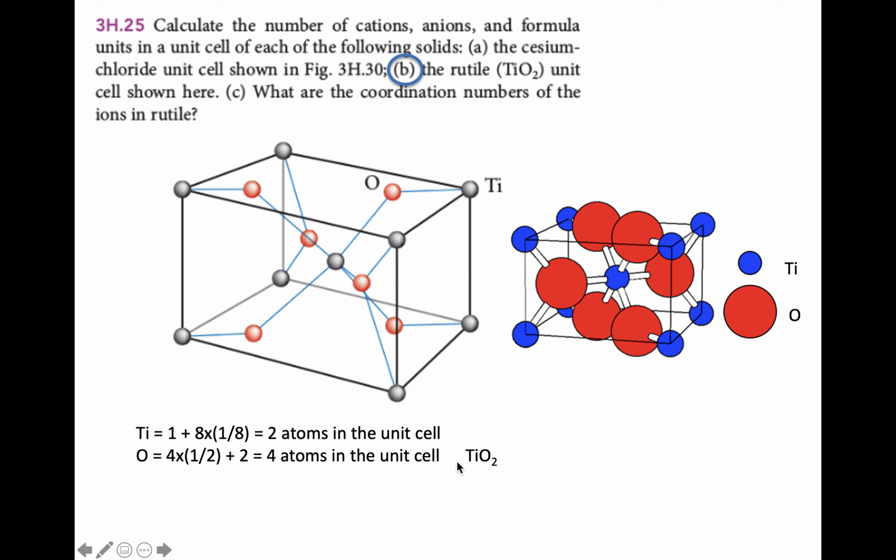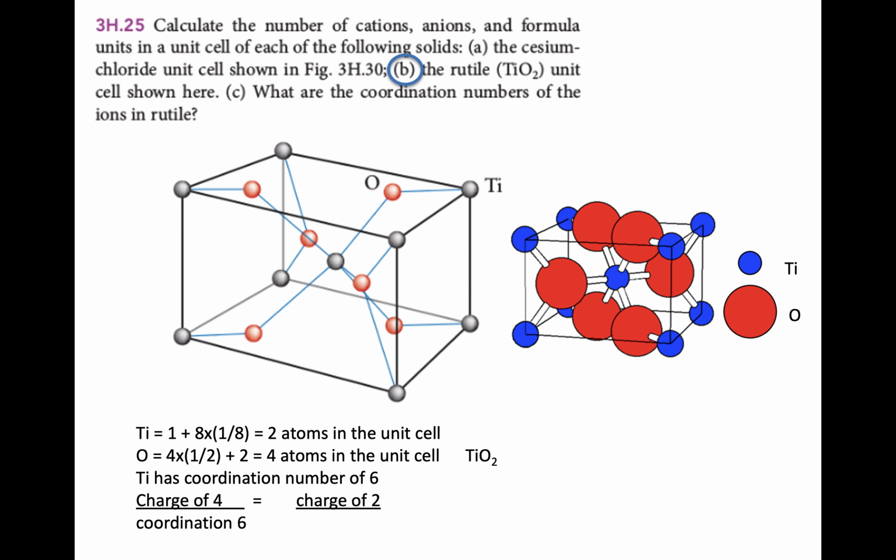So if I look at this, I think my oxygen atoms are -2 and the titanium is +4. If I look at the titanium, I'm confident that has a coordination number of 6. If I look at that central atom, I see absolutely 6 oxygen neighbors around it. So if it has a charge of 4 and a coordination number of 6, what has to work out for the oxygen?